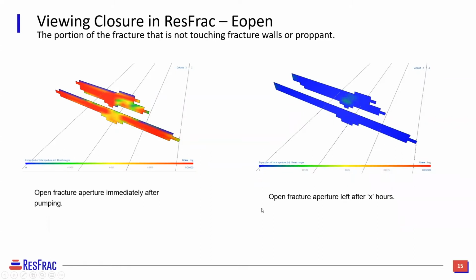And once the fracture closes after X amount of hours, then you get this signature here where basically everything's touching everything and almost 100% closure. There's something to look for when you're tuning with regards to trying to match closure rates if you're seeing those in the waterfall plots in your fiber data.